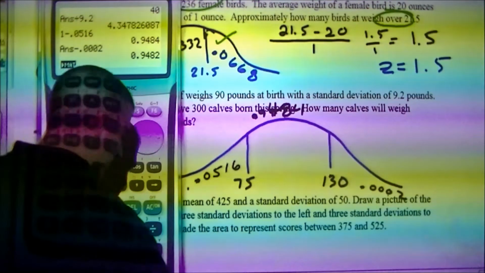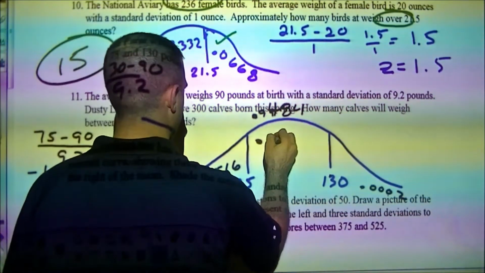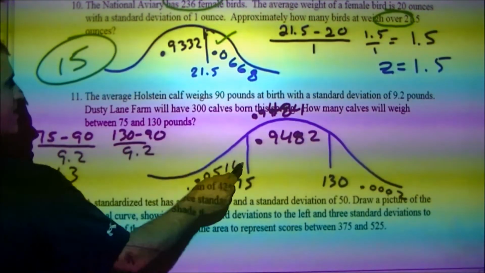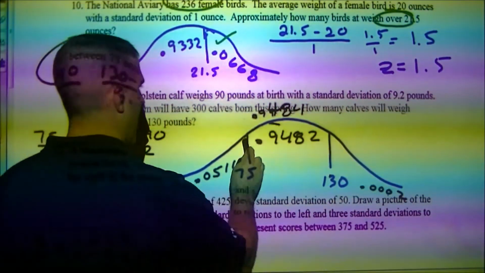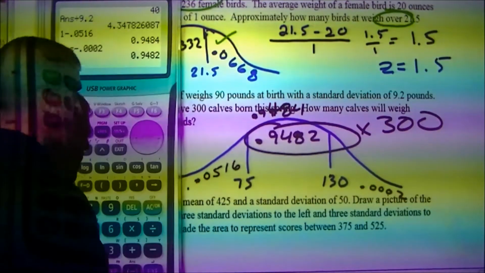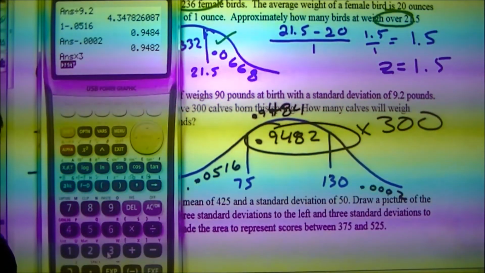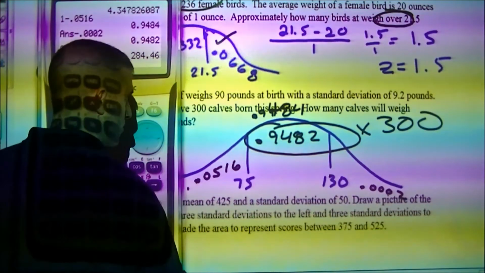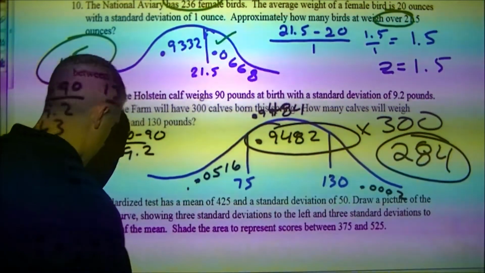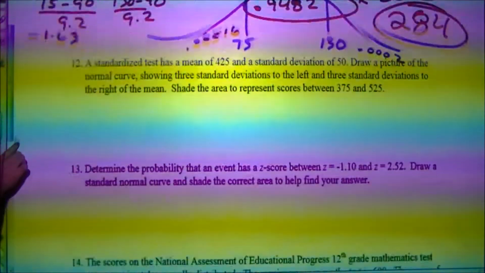So the amount in there is 0.9482. That's my probability. There are 300 calves, so I'm going to take that amount and multiply by 300. So the number of calves is 284. All right, moving on to the next one.